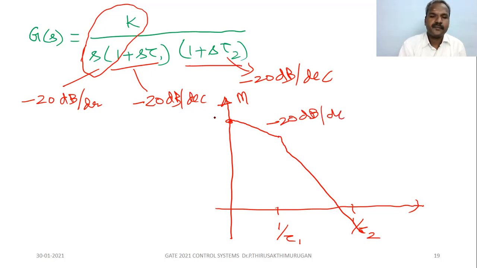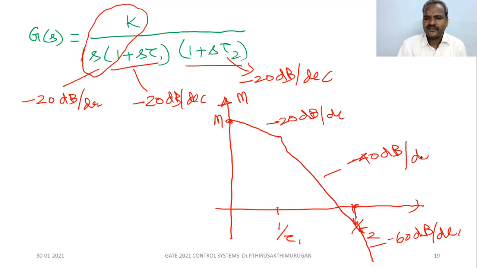This is magnitude in dB. So at this corner frequency, another slope change to minus 60 dB per decade. This is minus 60 dB per decade. This is minus 40 dB per decade. Understand? So this is very simple. You can easily identify the transfer function from this typical curve, right?